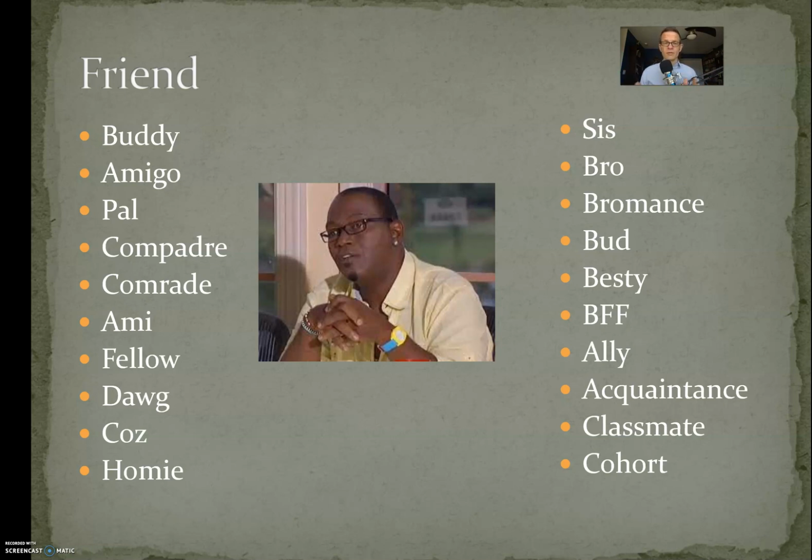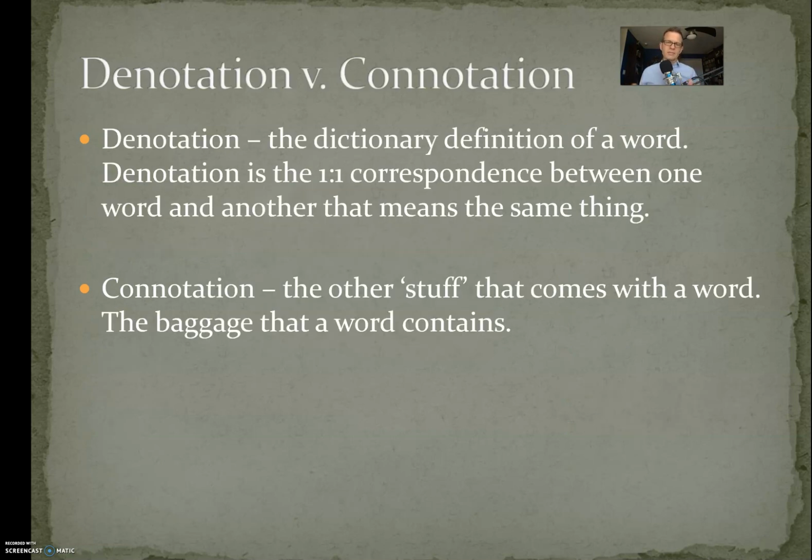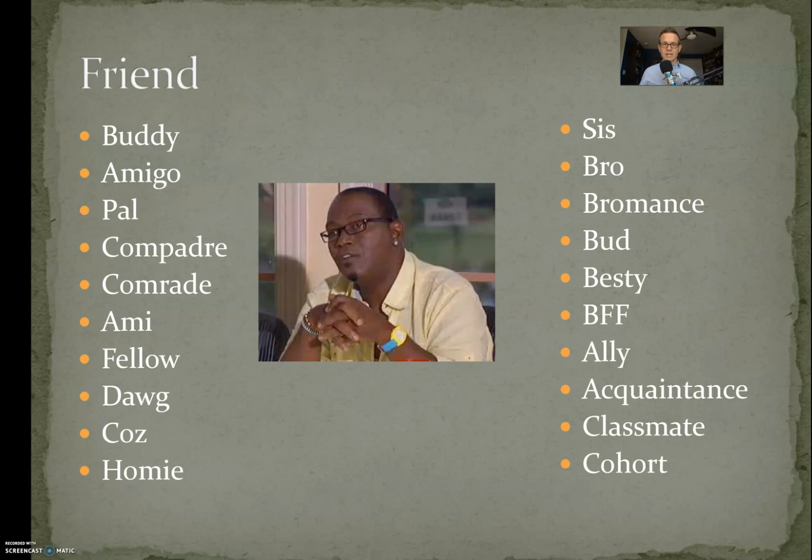But again, if you look up any of these words in the dictionary, you're going to get a one-to-one correspondence. They're going to use some combination of these words to define the other words. What I'm getting at here is that there are different denotations and connotations for words. Denotation is the literal meaning, and the connotation is the other stuff, the baggage that comes with any given word. So if we go back one slide, the denotation is the same for everything on the screen, but the connotation is different.